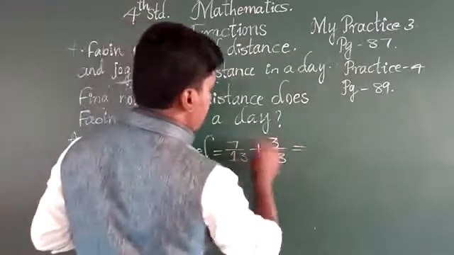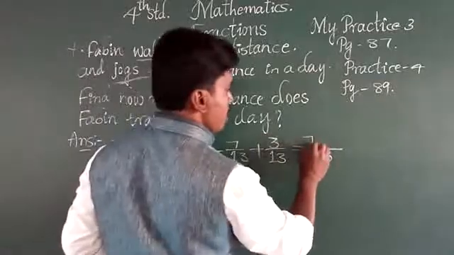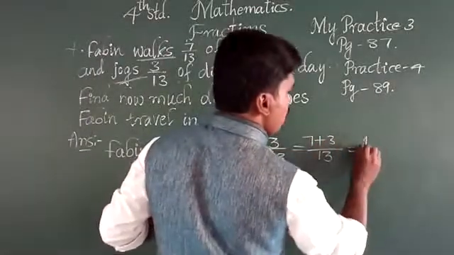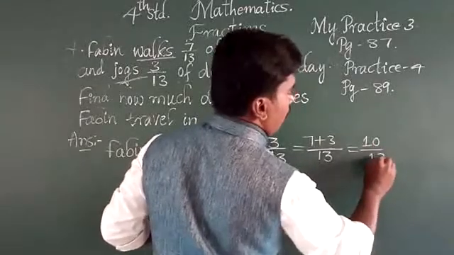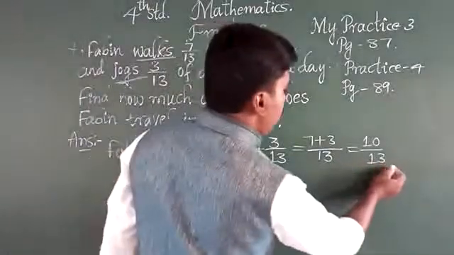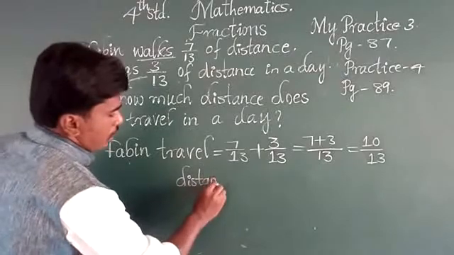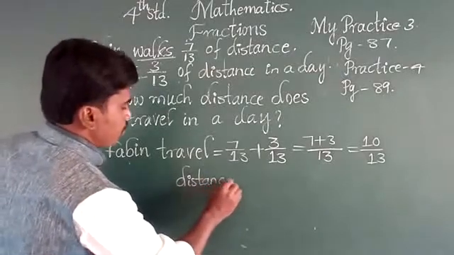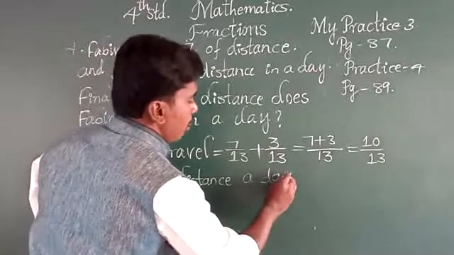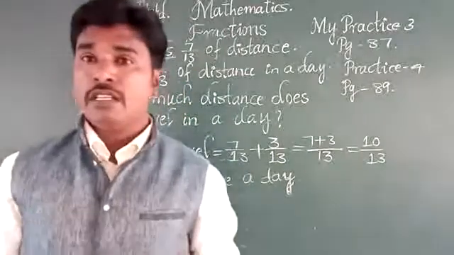Dear children, if they are like fractions, take the common denominator and add the numerators. 7 plus 3 is 10, so 10 by 13. So Fabin travels 10 by 13 of distance in one day.